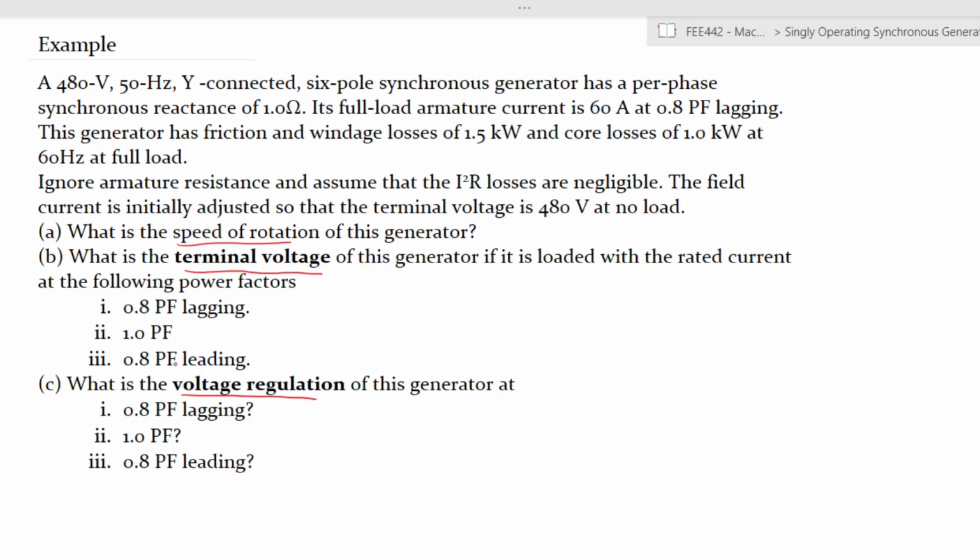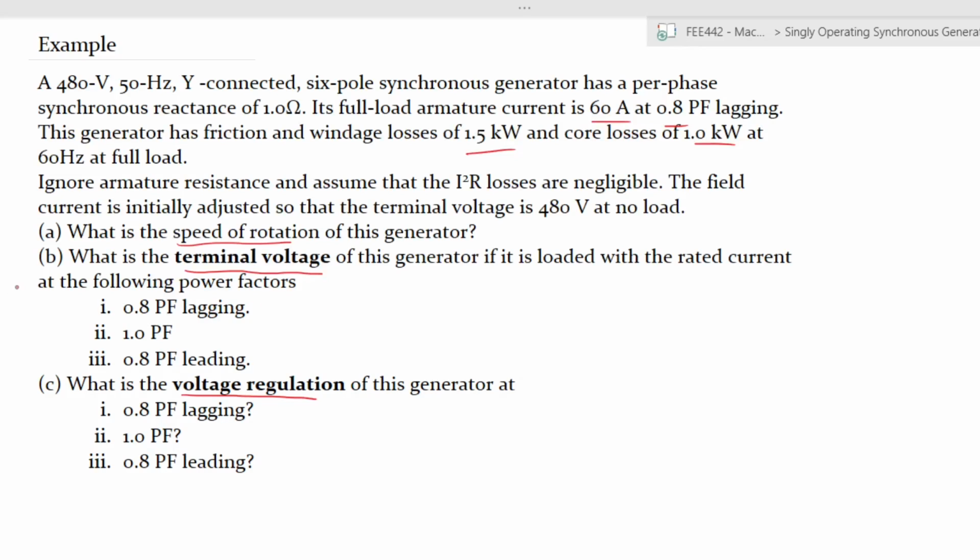This demonstrates what we have just talked about empirically. We want to look at it quantitatively as opposed to the qualitative discussion that we have just had, right? You have those losses and you have a full load armature current given by that initially, okay?